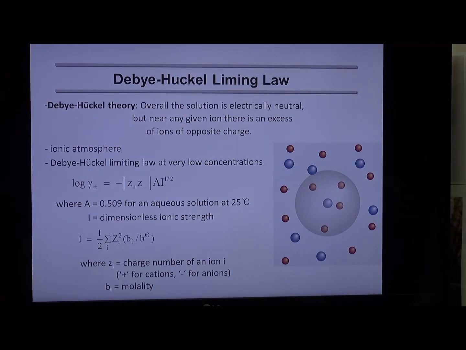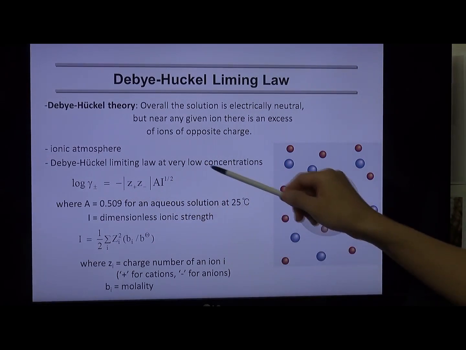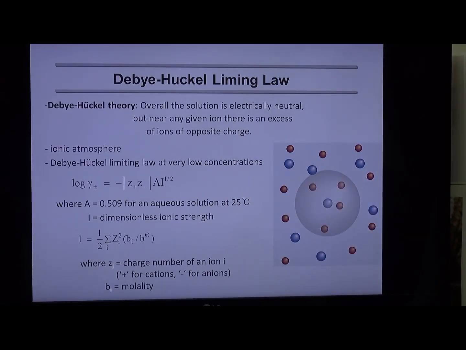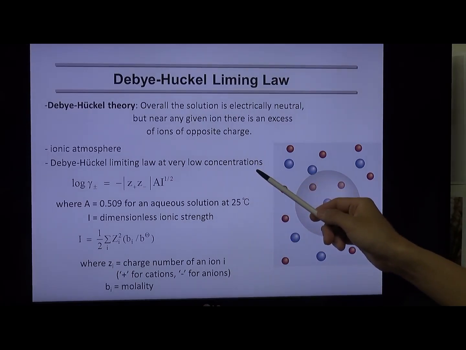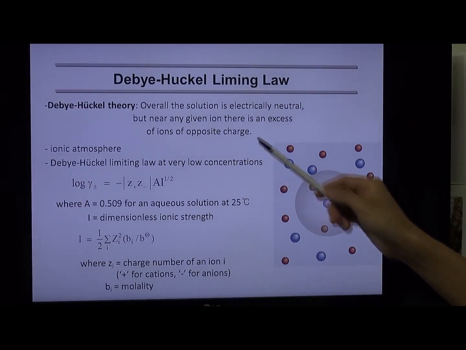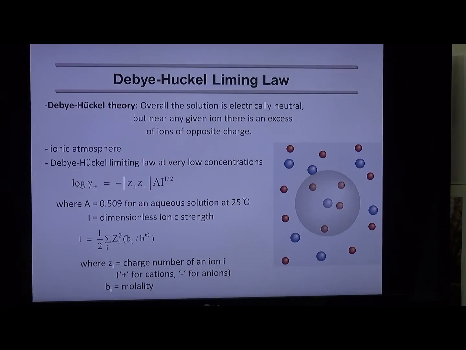And this equation only holds at very low concentrations. If there are many ions, it's totally impossible to describe the behavior of the ionic solution. Even at very low concentration, since there are large amounts of long range interactions between ions, we can merely describe the ionic solution behavior.